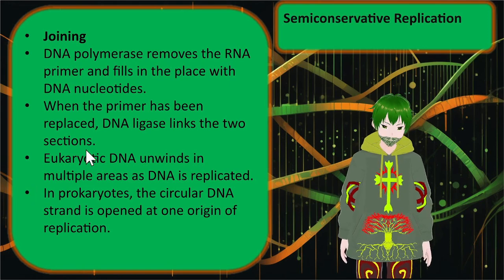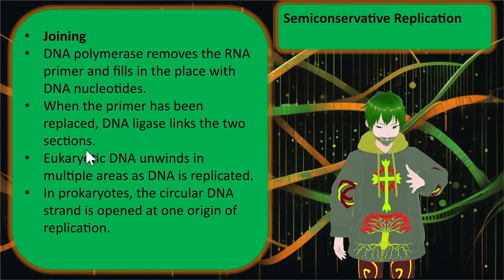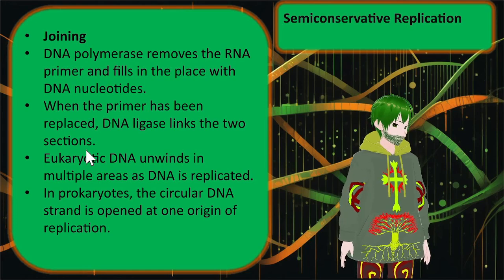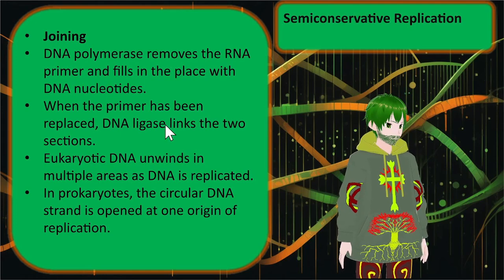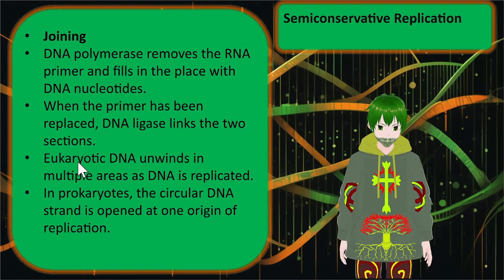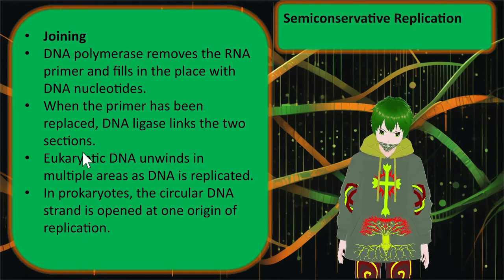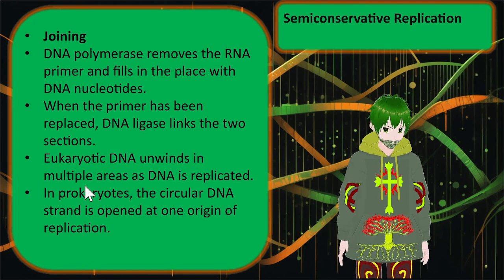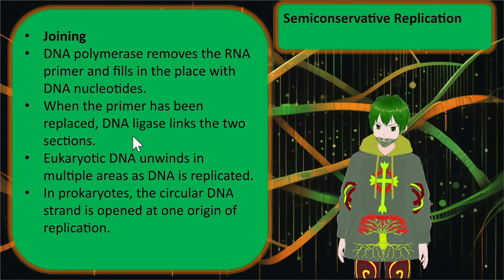So you can see there's already a bunch of proteins involved in this. This is a really complicated process. You've got DNA helicase, DNA polymerase, and DNA ligase, all working together to allow this to happen. And then you also have RNA primers and other proteins that hold things together. That's really interesting.